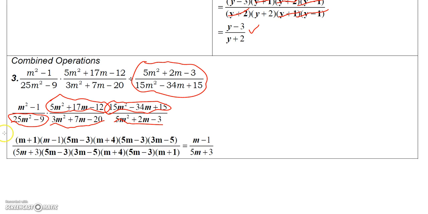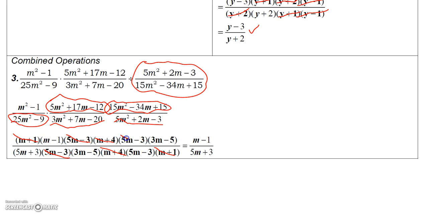Now let's start looking for things that will cancel in the numerator and denominator. I have an m plus 1 that will cancel with this m plus 1 way over here. I have an m minus 1, but I don't see an m minus 1 in the denominator. I have a 5m minus 3 that will cancel with this 5m minus 3. I have an m plus 4 that will cancel with this m plus 4.